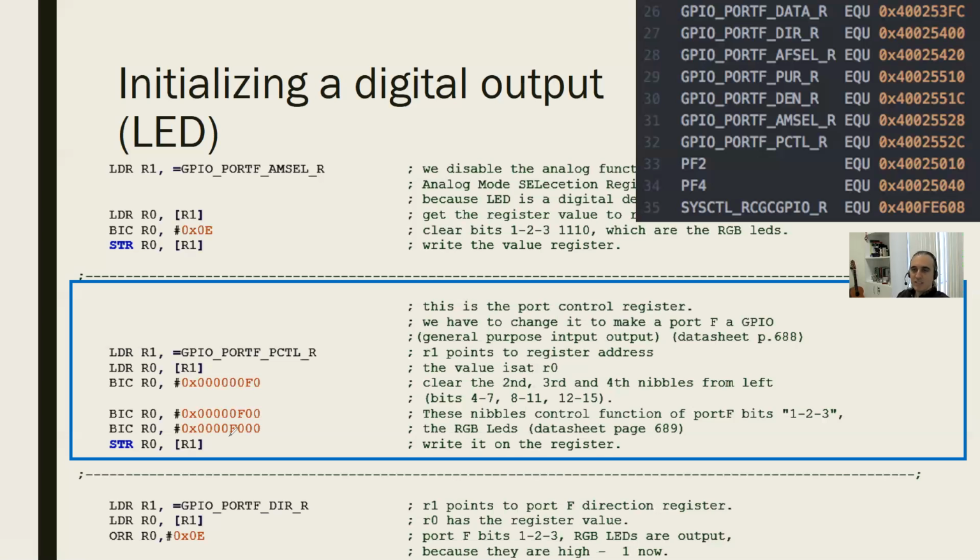For example, if I tell you in your exam that there's a control register, and to make your function work you have to make the 6th bit 0, you should be able to write the necessary code to do it like this or like this. That's what I expect from you. That's why I'm showing you these examples. There's an instruction to do it, and this is the instruction. So you have the explanations here.